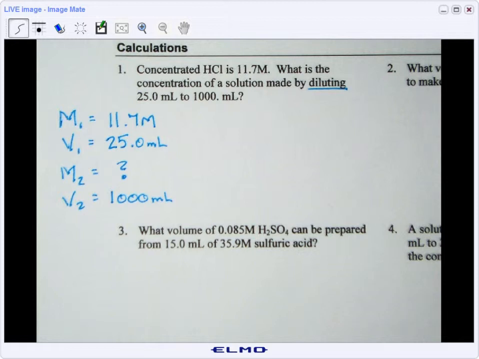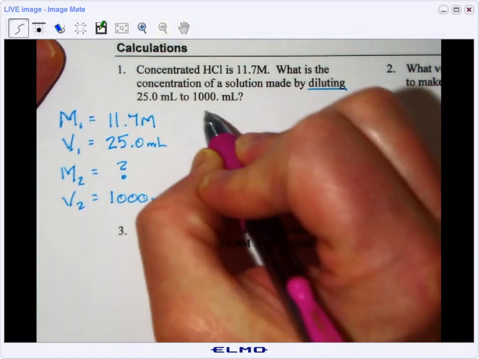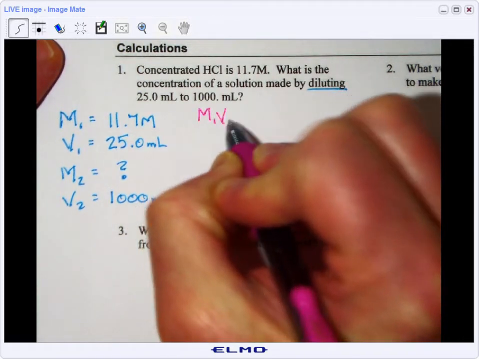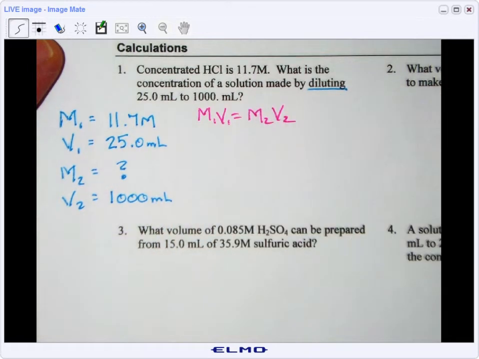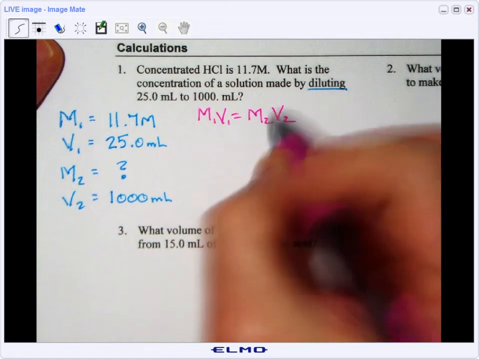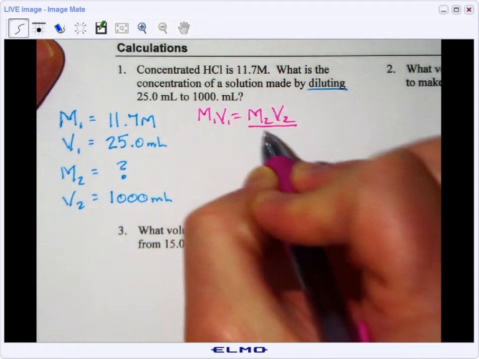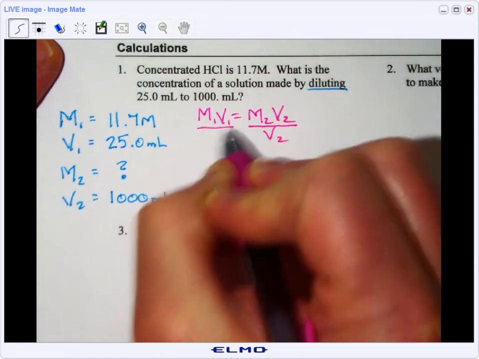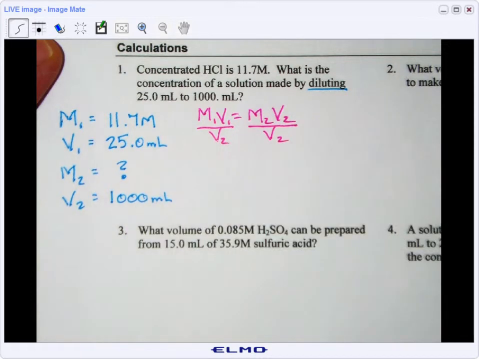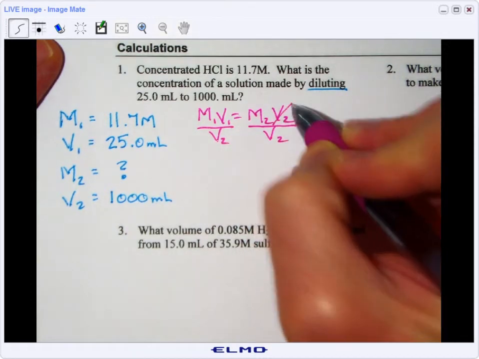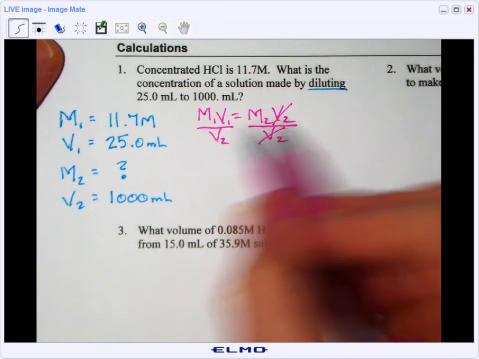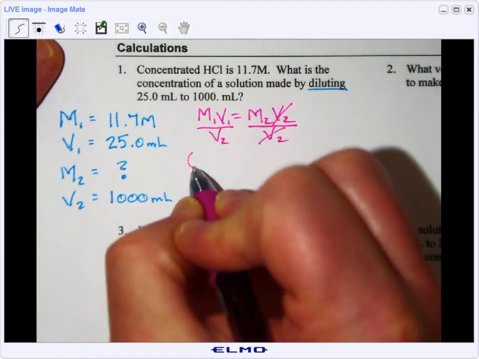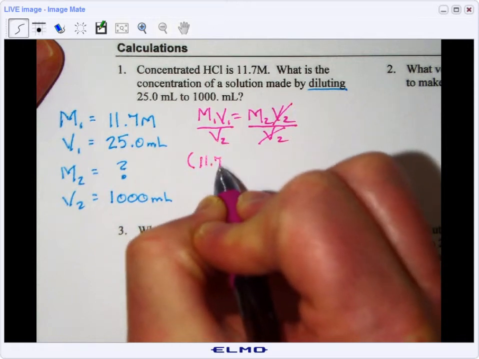After that, we're really just doing algebra, right? It's M1V1 equals M2V2. I'm looking for M2, so I have to get rid of the V2, so I divide both sides by V2. That way they cancel out. And I just have to plug my numbers in now. So my M1 is 11.7.